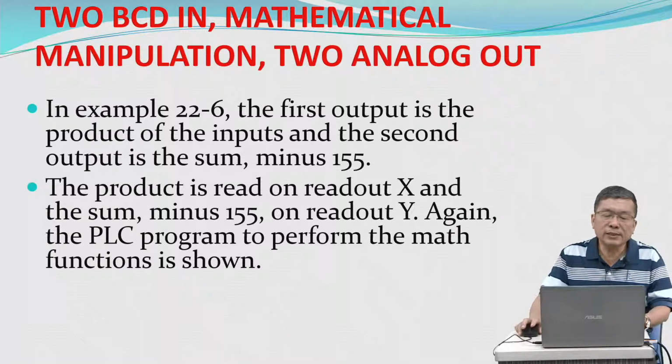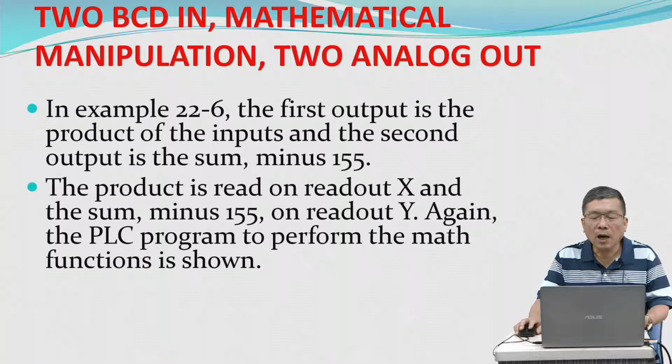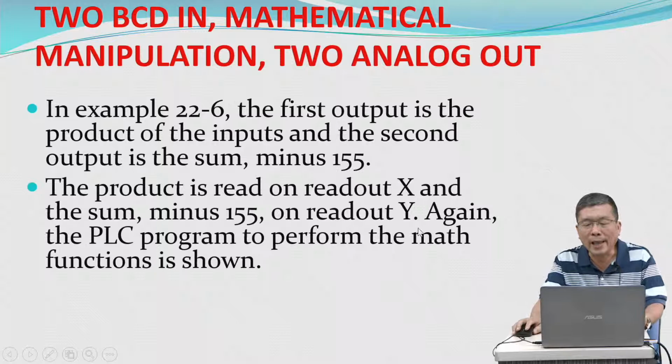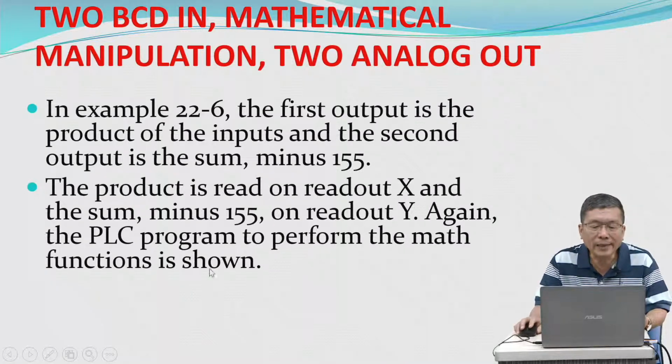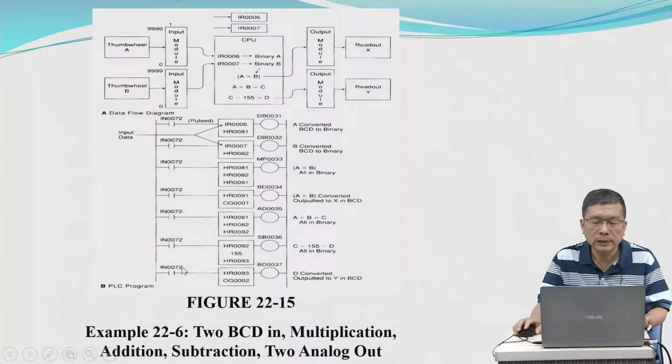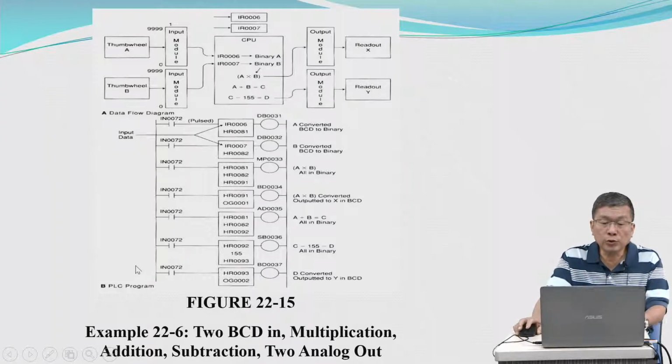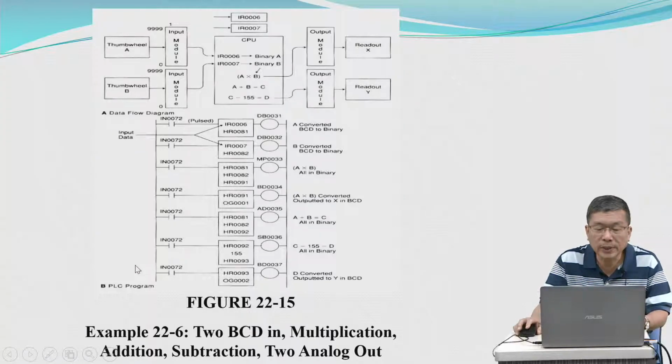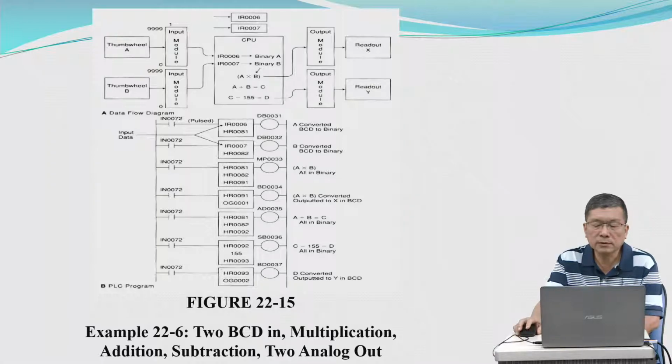The product is read on readout X, and the sum minus 185 and 55 on readout Y. Again, the PLC program to perform the math function is shown. This picture shows two BCD in and multiplication, adding, and subtraction of two analog out.